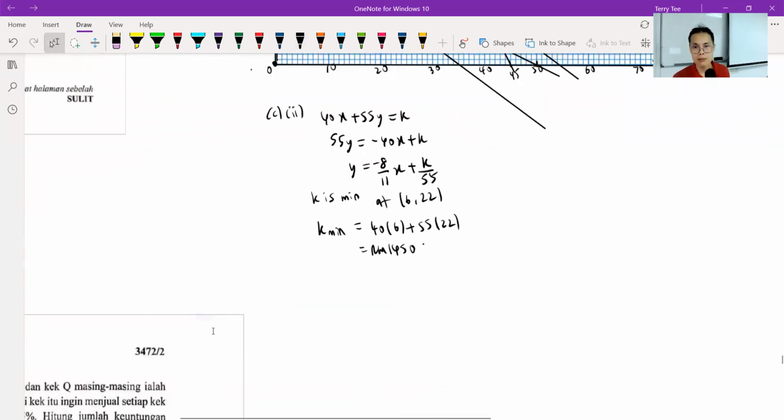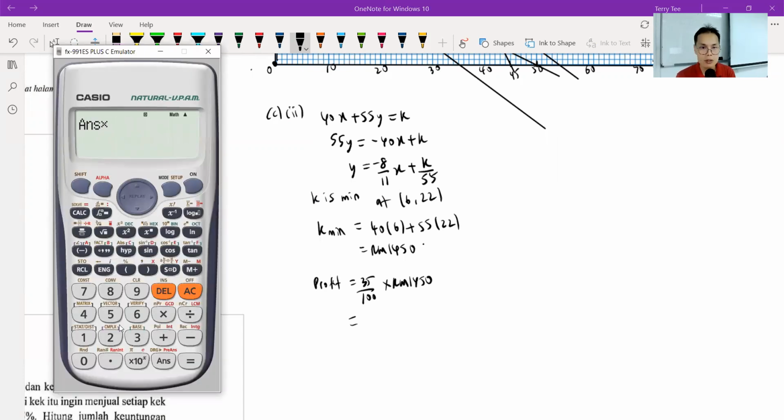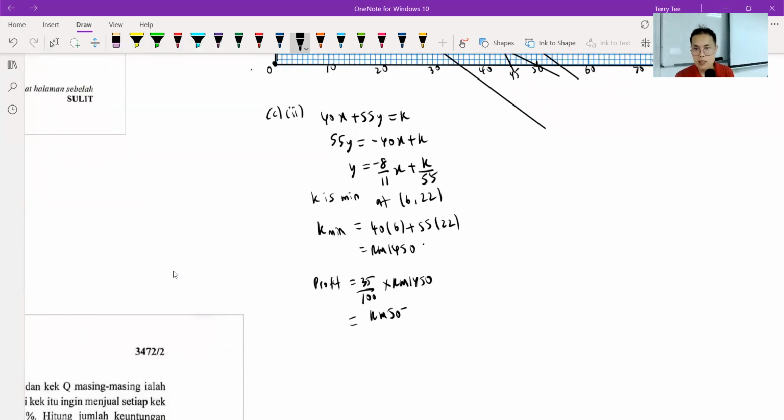To mark up 35% profit, we need to take the profit as 35% of this amount, 1450. This is called marking up. So times 35 over 100, this will be 507.50. There you go. That is the profit.